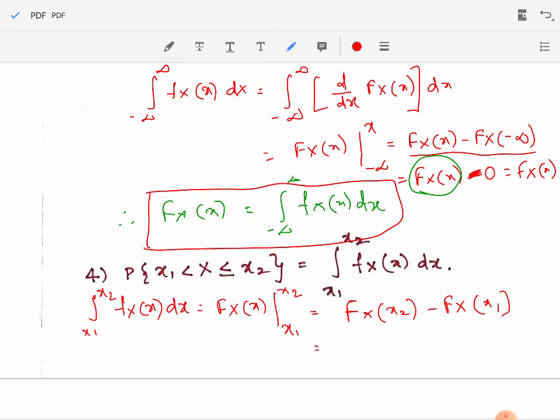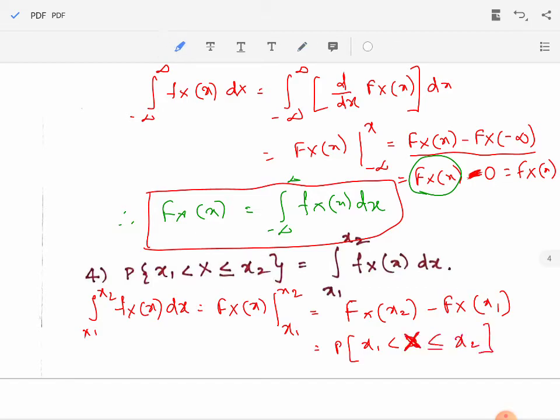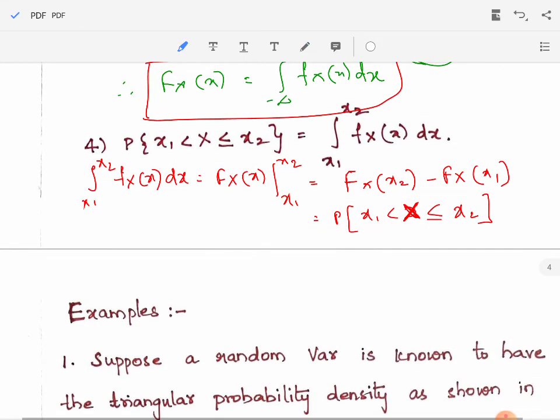So this can be written as P of x1 less than capital X less than or equal to x2. So these are the four properties and their proofs.